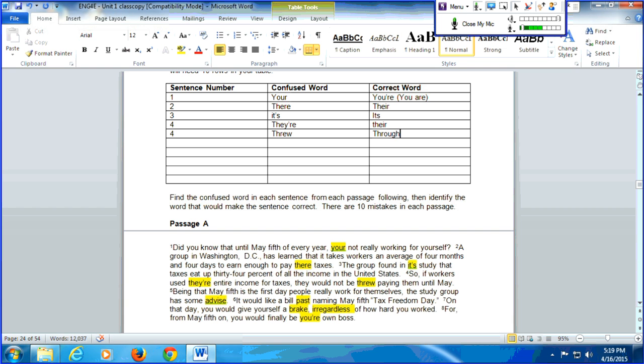As you're through with this person, you're through paying with them until May. So being that May 5th is the first day where you work for yourselves, the group has some advice. This is sentence 5. The word there is advise, not advice. So that's one of those homonyms that sounds similar but means something different. So advice.